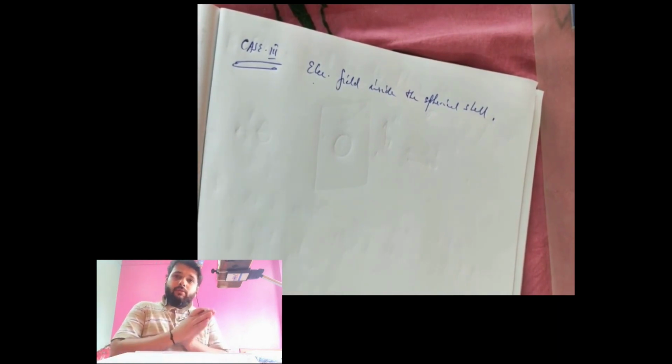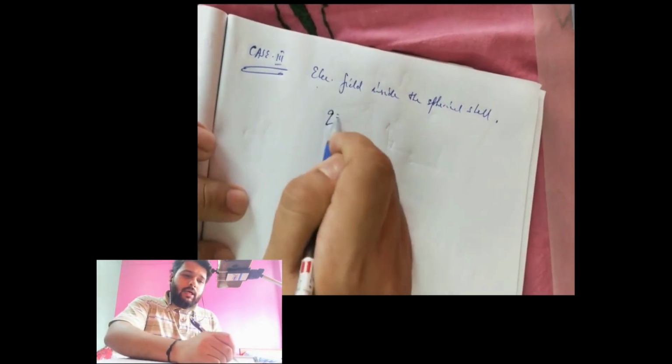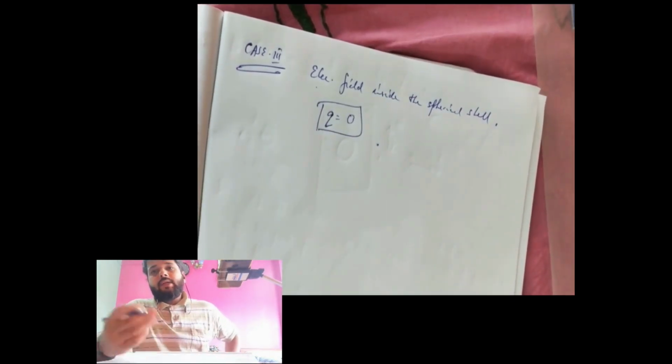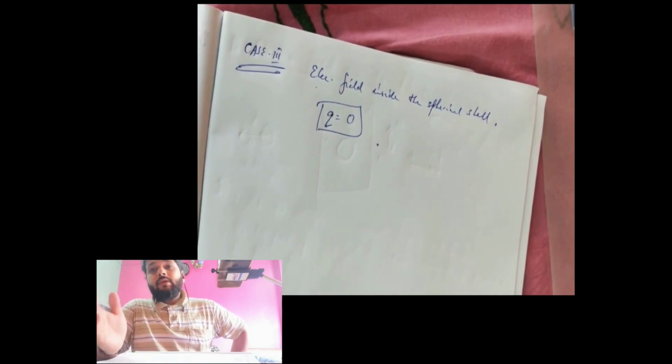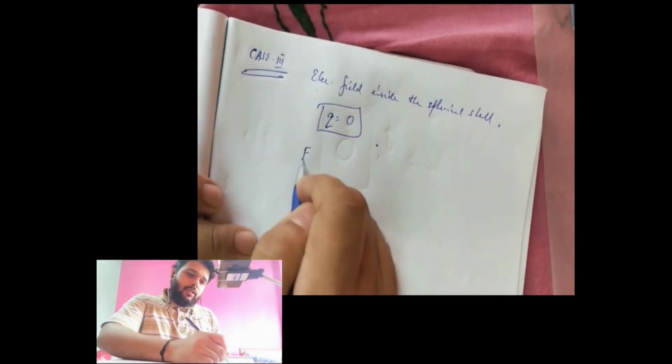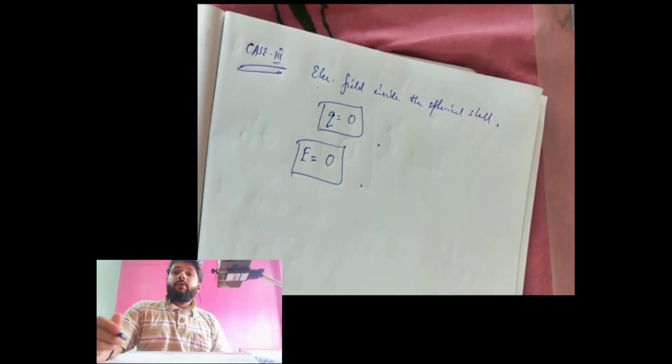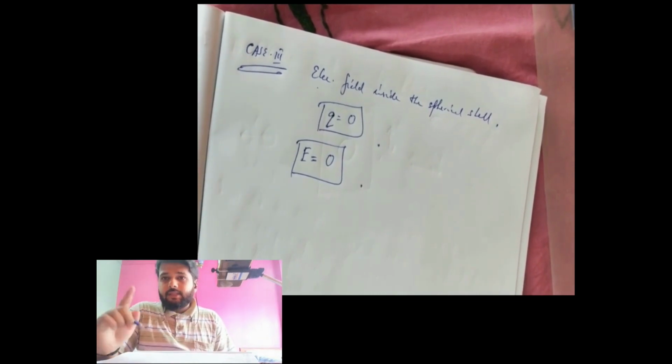I've told you at the beginning, the total charge in a spherical shell always resides on the surface. So if we have to find the electric field inside, the charge inside the surface will be 0, and when the charge is 0, electric field will be 0, because electric field depends on the charge. So in the third case, simply write down that electric field is 0, because the charge inside the spherical shell is 0.